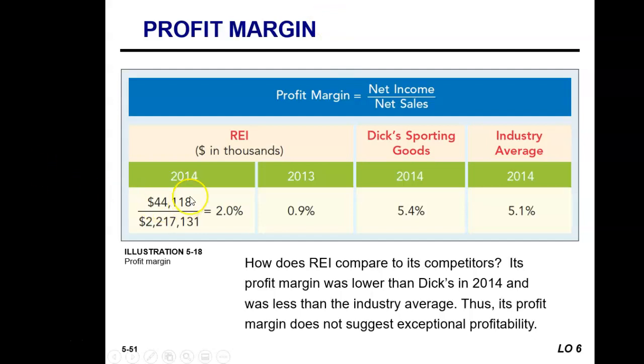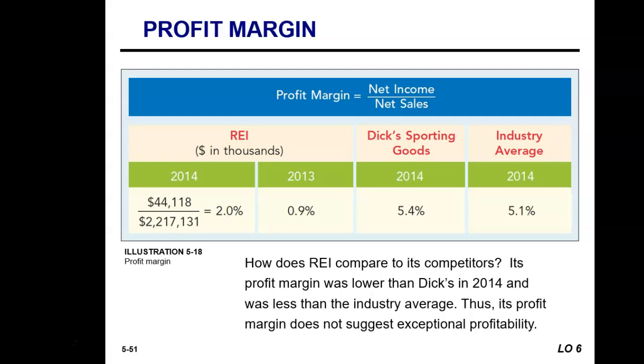So for REI, they have a profit margin of 2% in 2014, which was an increase from 0.9% in 2013, compared to 5.4% for Dick's Sporting Goods and 5.1% for the industry at large. So although they had a higher gross profit rate, they have a lower overall profit margin.